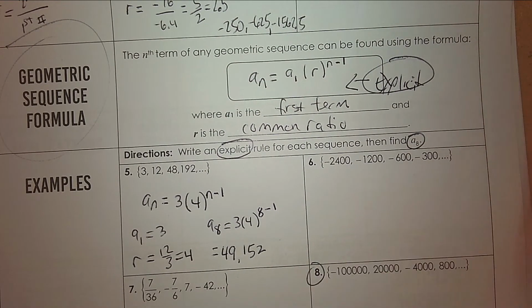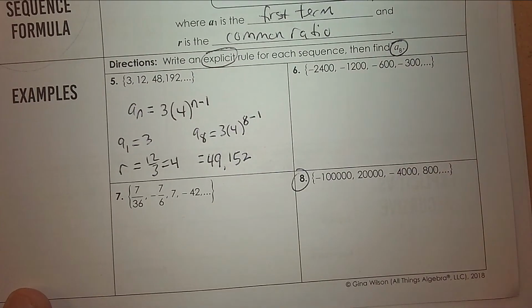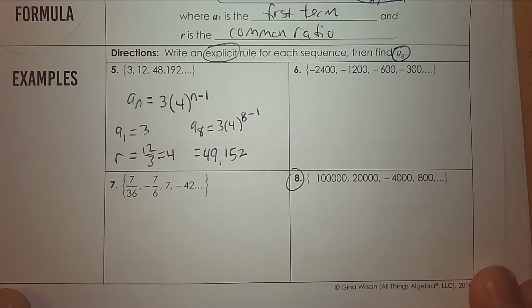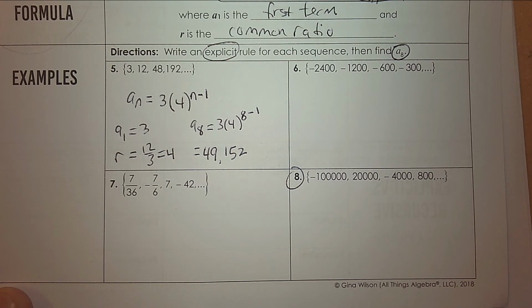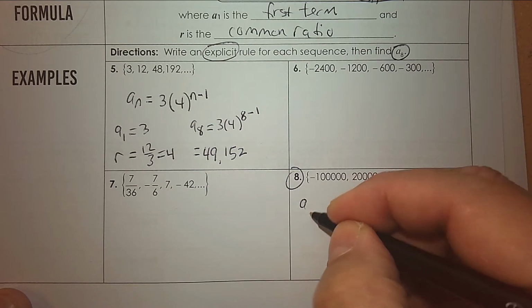Let's look at number 8. Could you come up with an explicit rule? And could you use that rule to find the 8th term? So I need to know the first term.